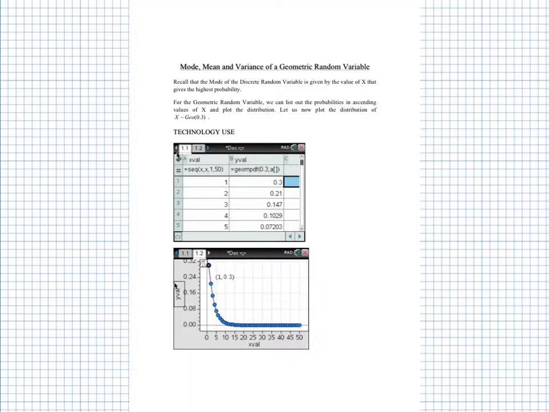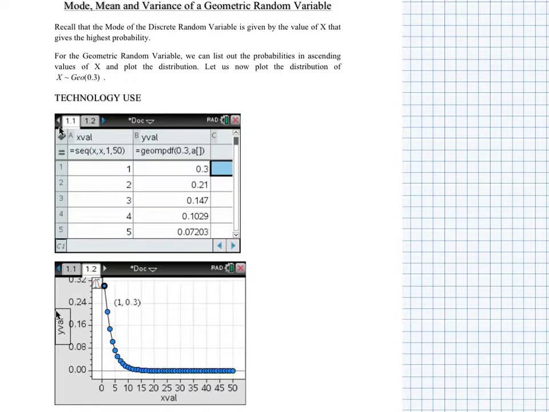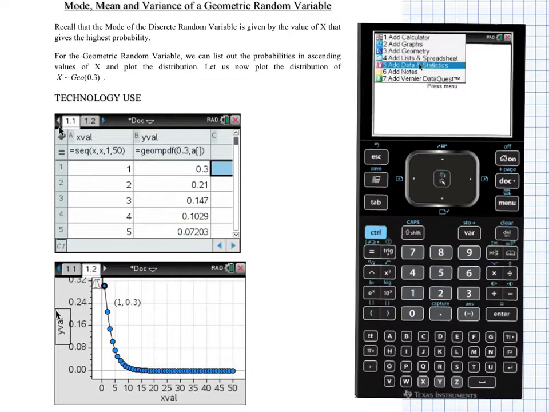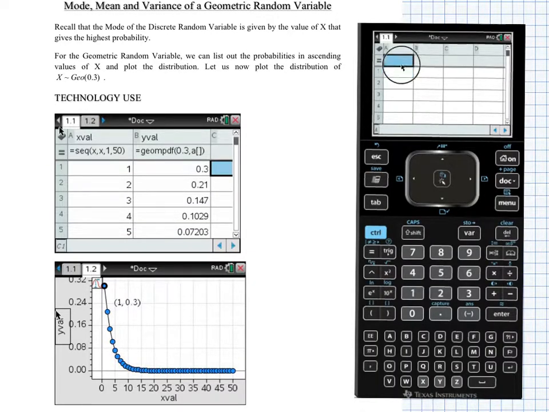Now let us look at the mode, mean and variance of a geometric random variable. We will start with finding the mode. Let us turn to our graphic calculator again. So let's start by adding a spreadsheet, and what we want to do is to create a sequence of numbers.